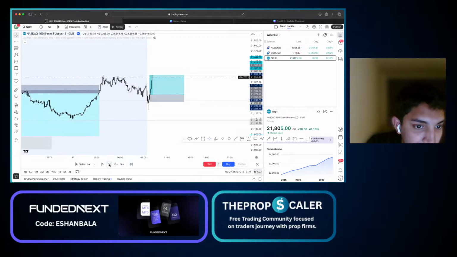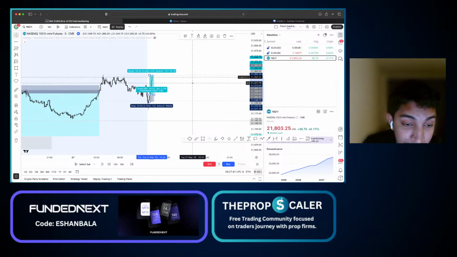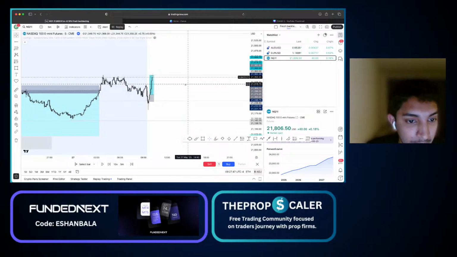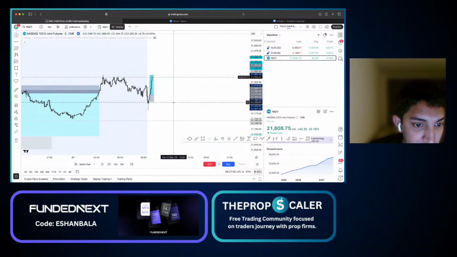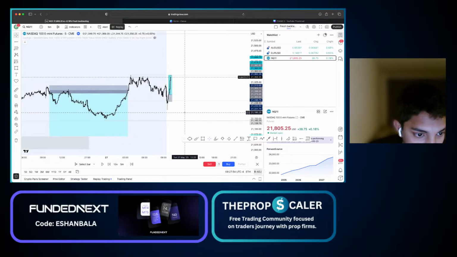Price is taking up profit. So this is a very, very clean trade. The strategy seems like it's doing well. Obviously, we've only had 5, 6, 7 sessions, but this was a very, very clean trade. Basically no drawdown. Very happy with the trade.